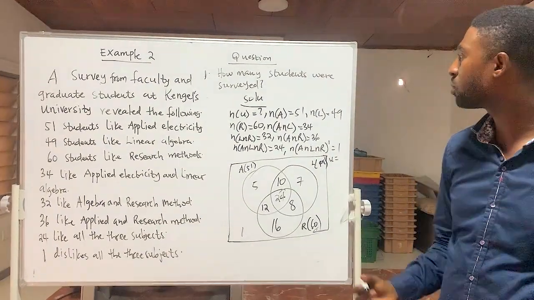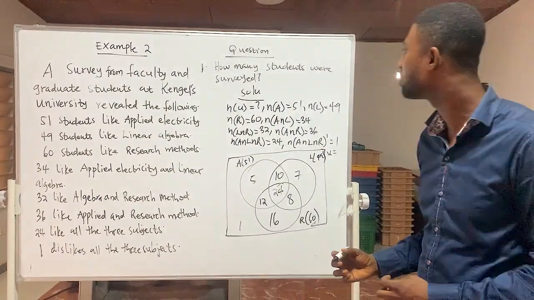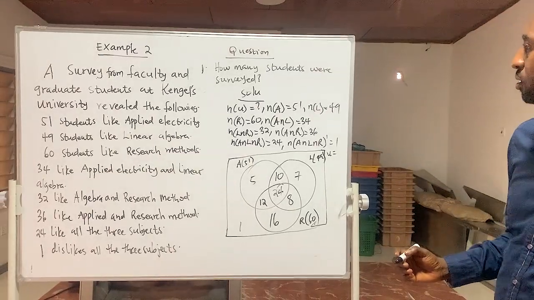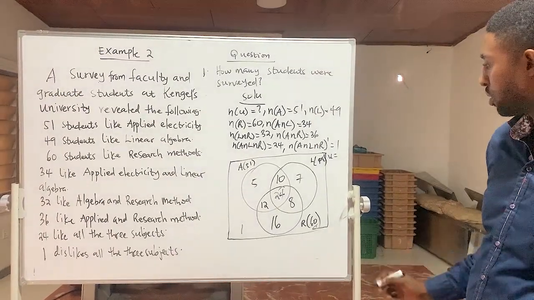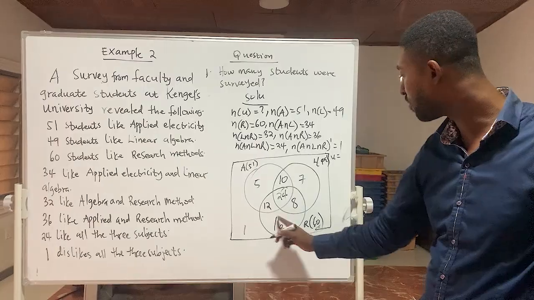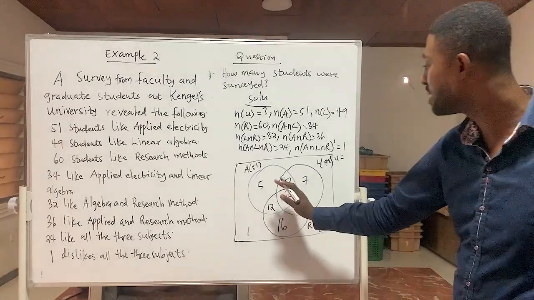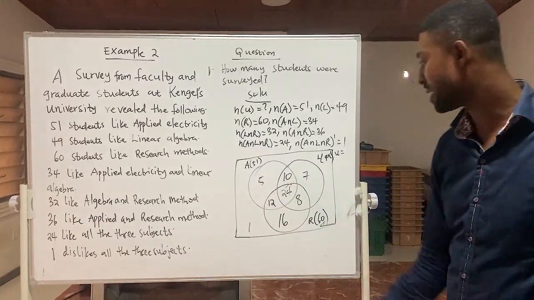Okay, so to calculate the number of students that were surveyed from Cambridge University, you are going to sum all the variables in and outside the circle.